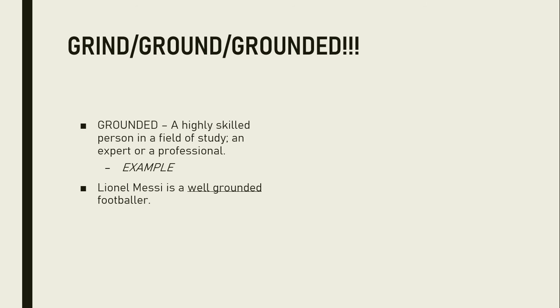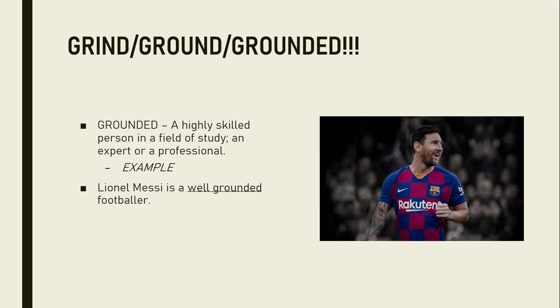Because Lionel Messi is a skilled footballer. He's proficient. He's an expert in his field. And here's a picture of Lionel Messi for those who are his fans. The young lad is well-grounded, or is grounded in coding with JS. Please don't be lost. JS means JavaScript for those who are programmers.